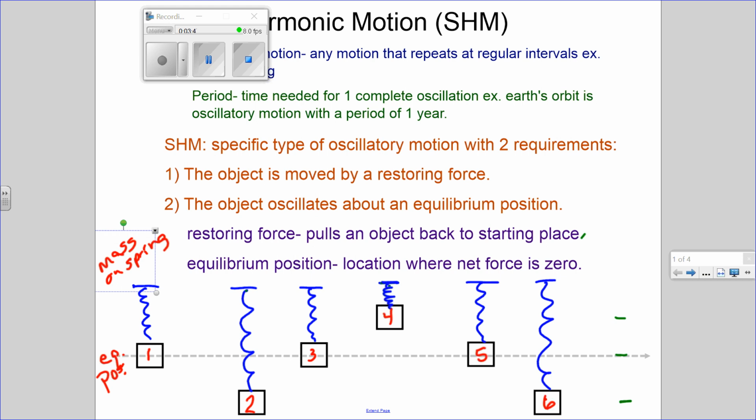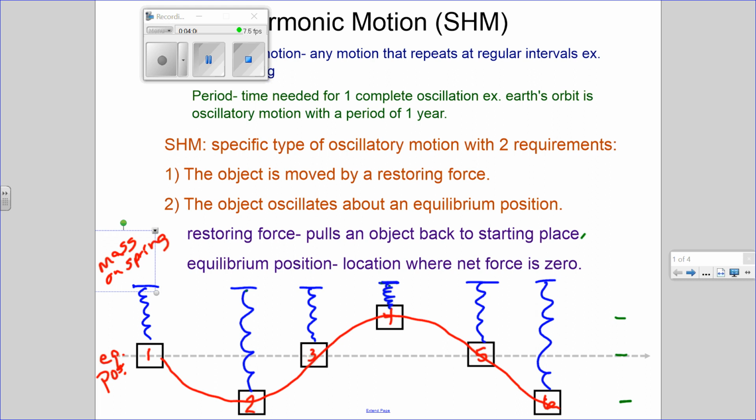And so you have this harmonic motion, this cycle. And if we kind of draw a little graph of the motion, you notice we get this nice little curve in the motion, which we'll come back to in a minute.